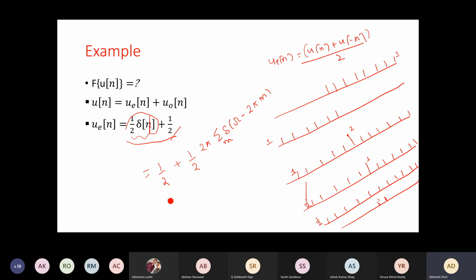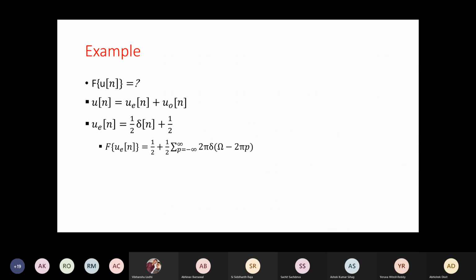Right, so this is the Fourier transform of UEN. We have computed this. Okay. Fourier transform of UEN is this thing. So one part is done.